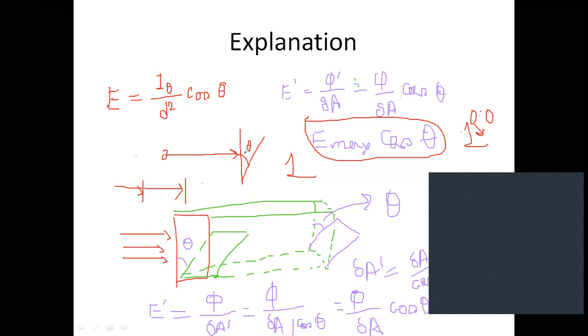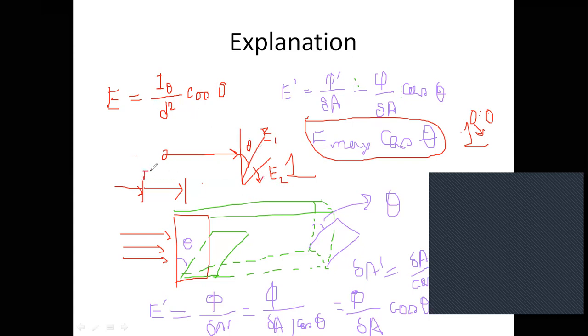And if the plane is not directly perpendicular and is tilted, then the illuminance will also decrease.